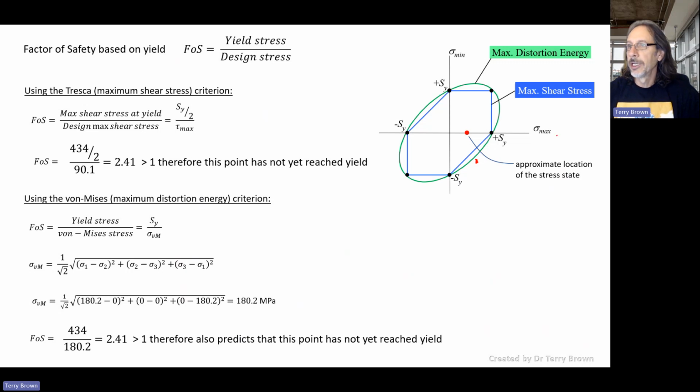You can't just simply say the maximum principal stress is less than the yield stress, therefore it's okay. Not always. If you're up here, in this section, yes. If you've got a state of stress that puts you down here, then no. Just because the maximum principal stress is less than the yield stress doesn't mean you haven't yielded. Anyway, so that's the end of that. I'm going to stop.